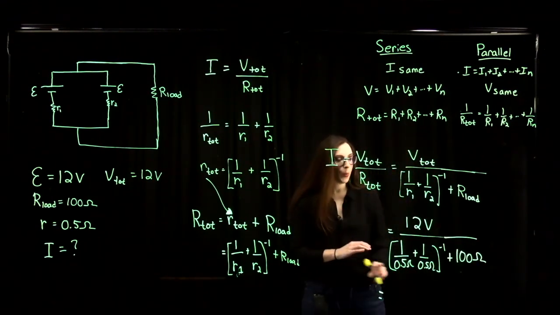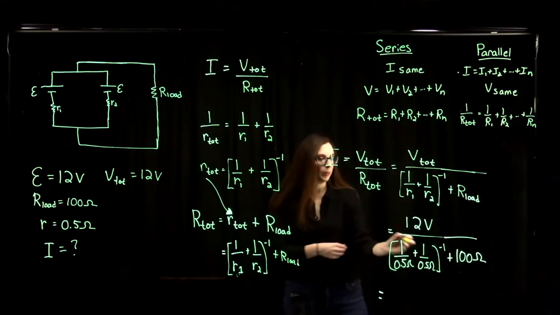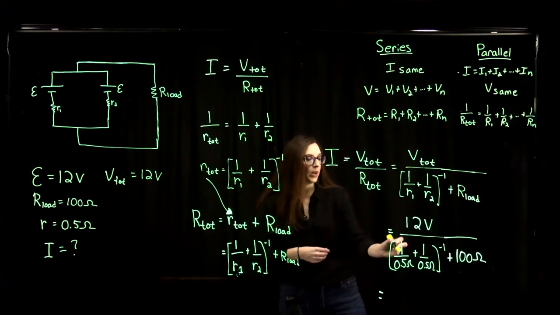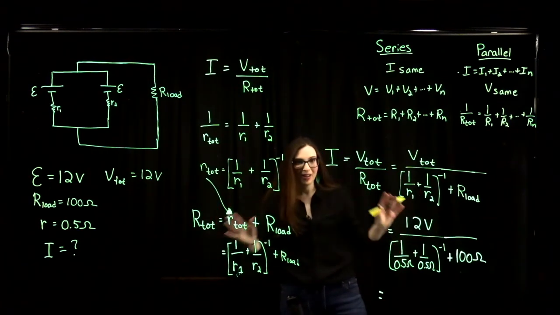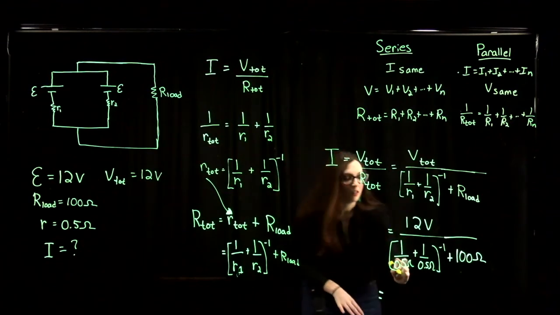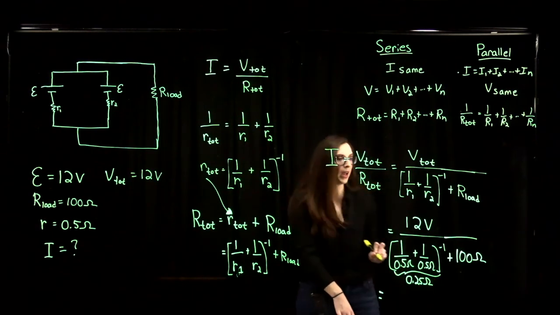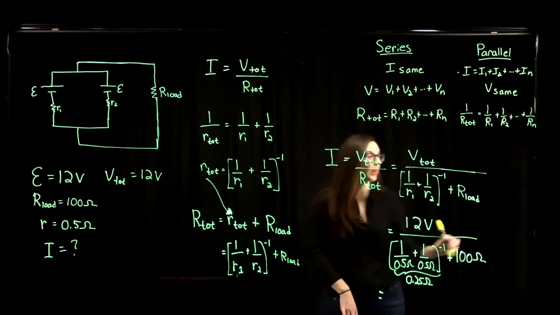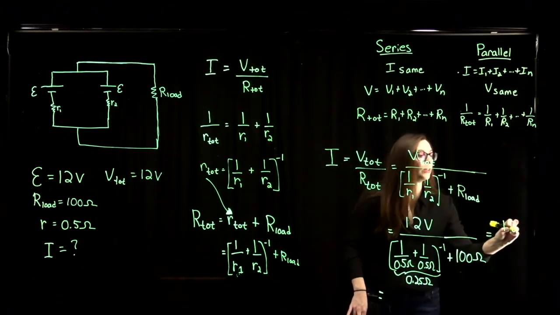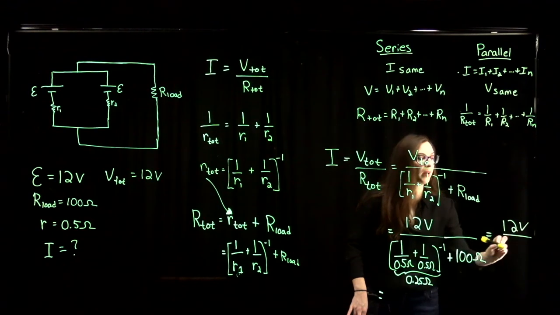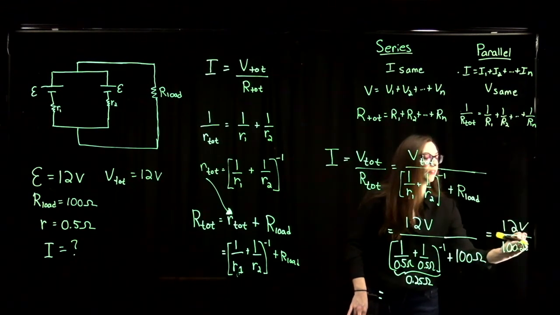So whenever I take this quantity right here, 1 divided by 0.5 ohms plus 1 divided by 0.5 ohms, and take the inverse of that, this piece right here is 0.25 ohms. So my current is equal to 12 volts divided by 100.25 ohms.